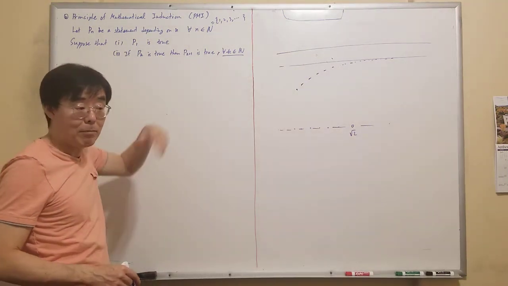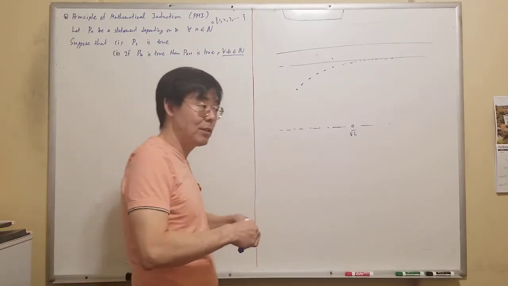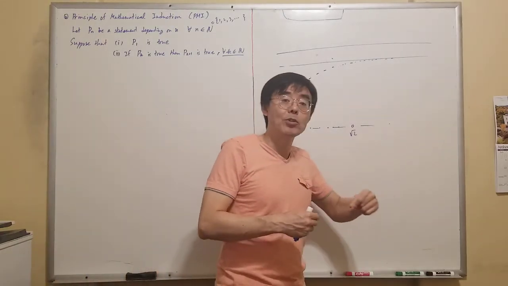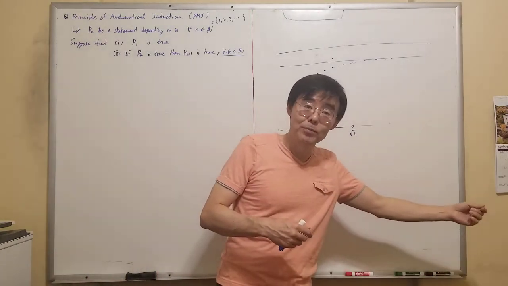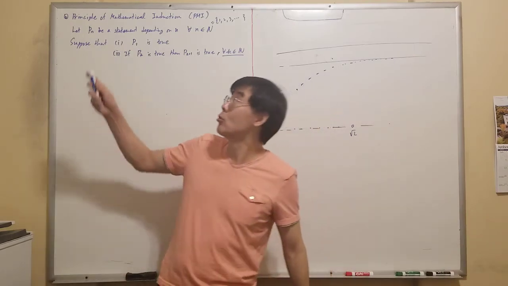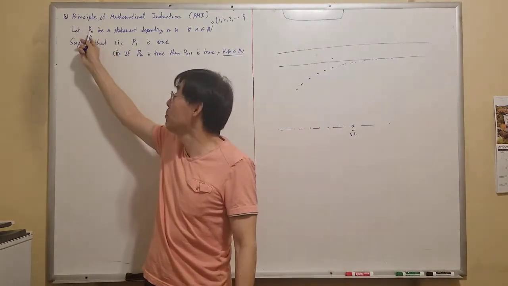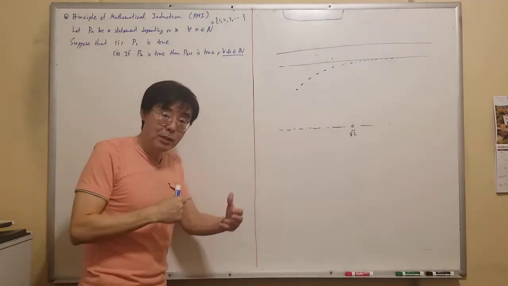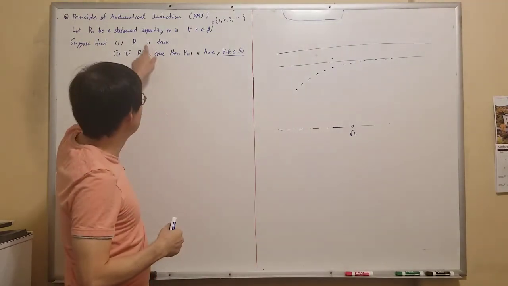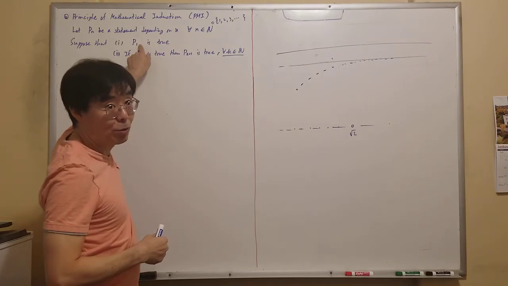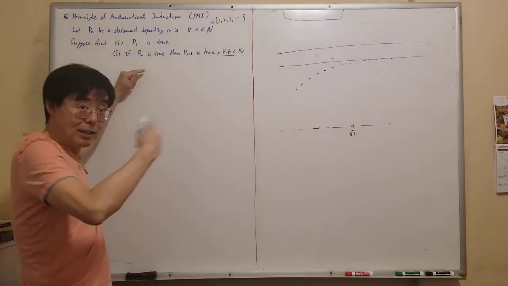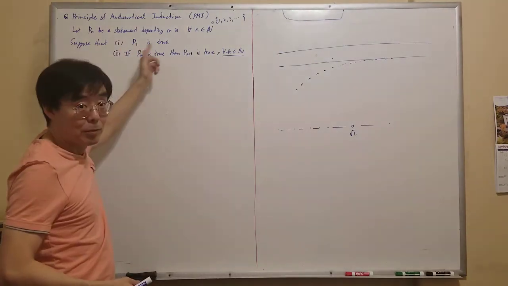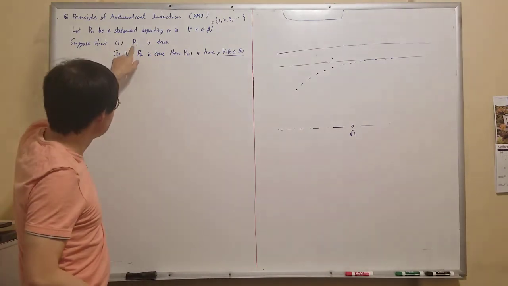Somehow, if the previous statement is true, it forces the next statement to be true. If the statements, depending on the positive integer n, have that kind of relationship, and if we know that the first statement is true, then you can keep looping.